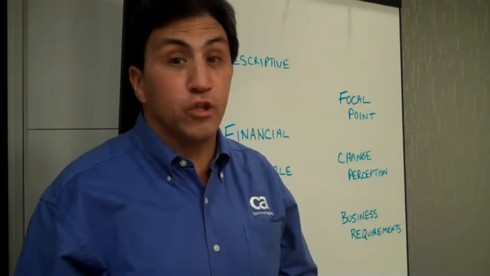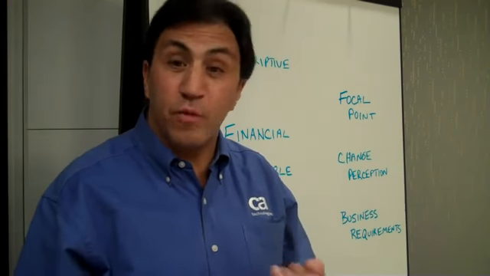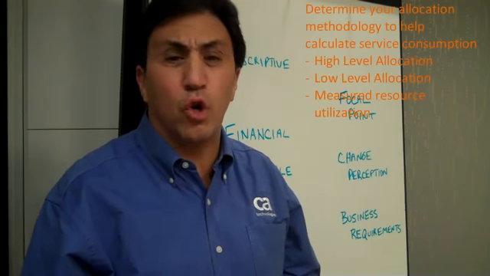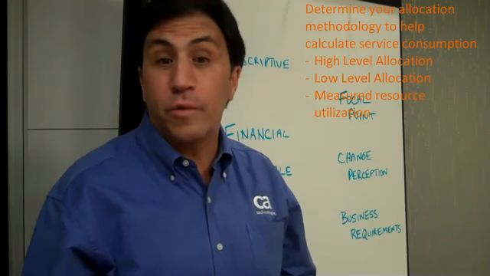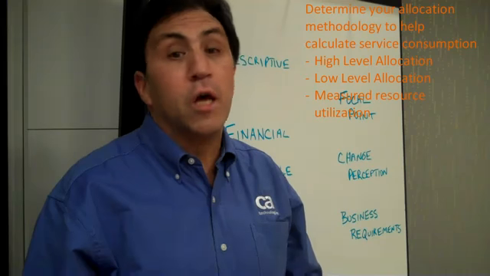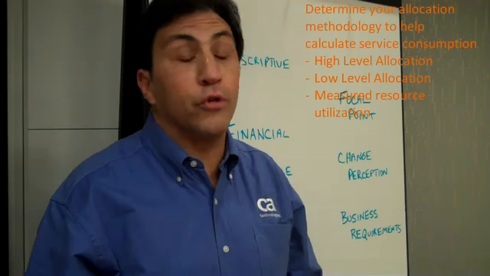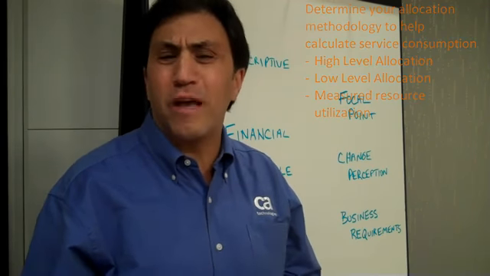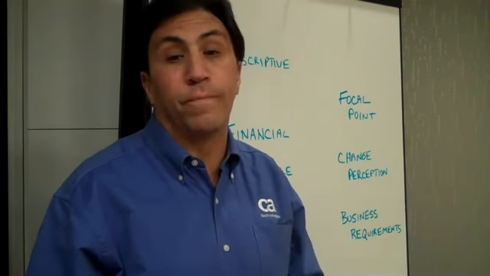And providing financial transparency to your business community requires that you determine your allocation methodology, such as a high-level or a low-level allocation or measured resource utilization, before you can communicate service consumption. Along with your allocation methodology, you will need to determine the appropriate usage metrics. For example, are you charging by head count, network jacks, or by a percentage of revenue?